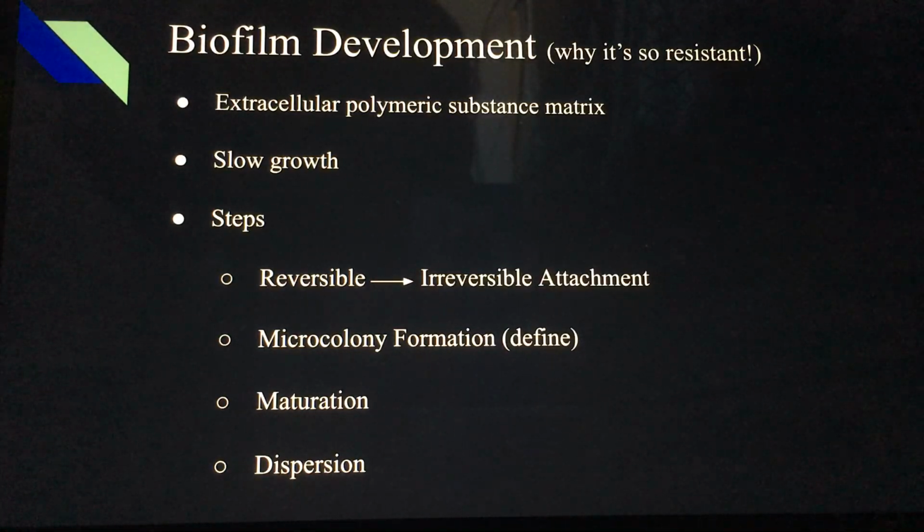And then it also has the steps written here where you have the attachment, the formation, the maturation, and dispersion. And then, as I said before, it works cyclical-like. It just goes in a circle.